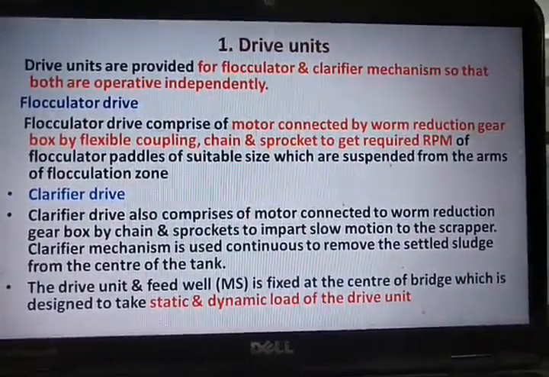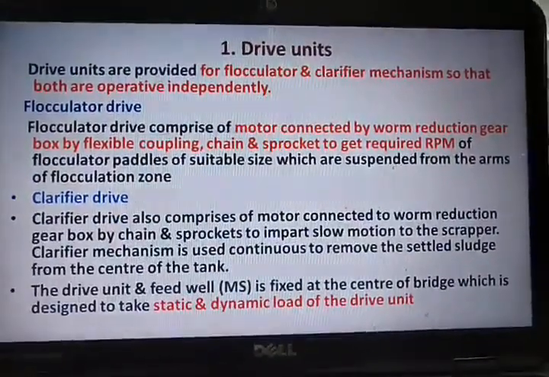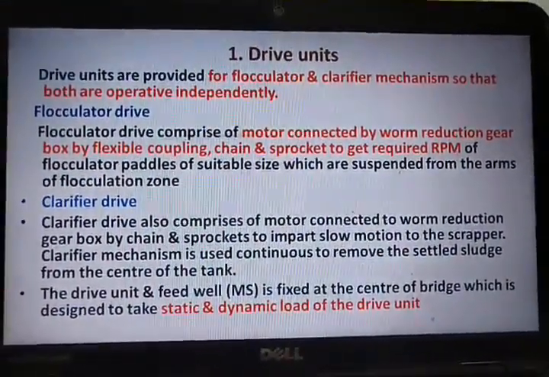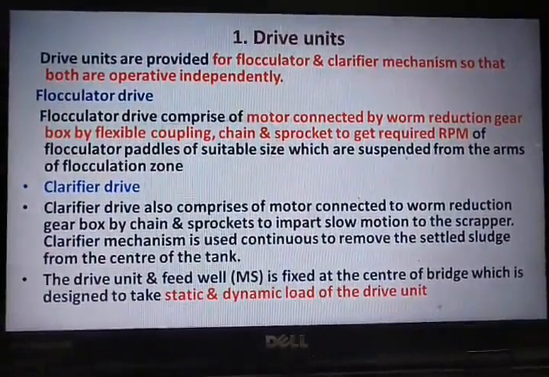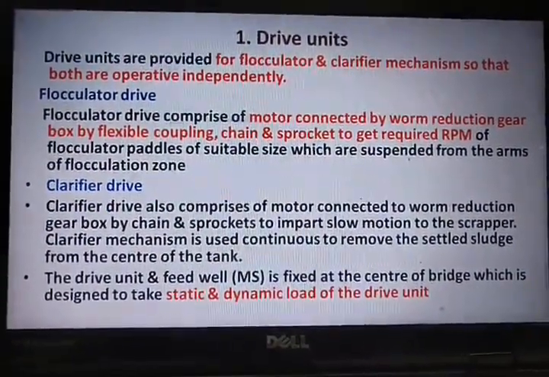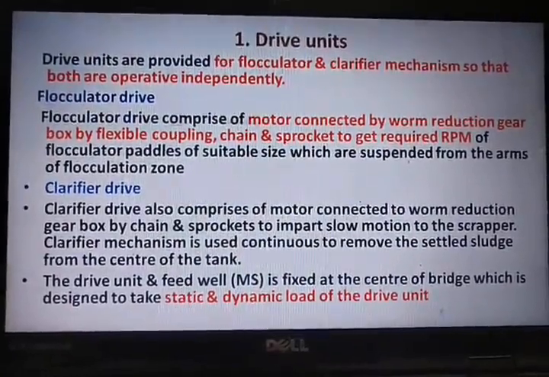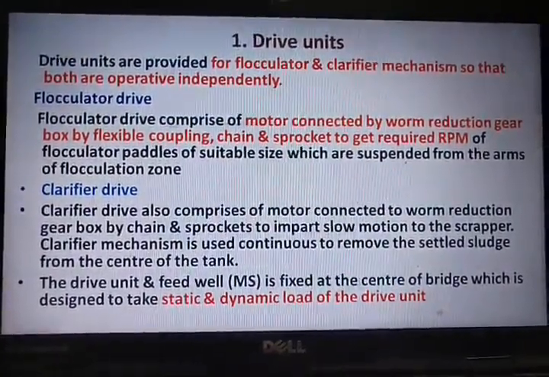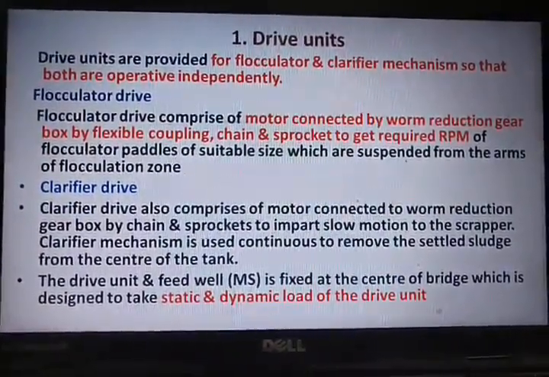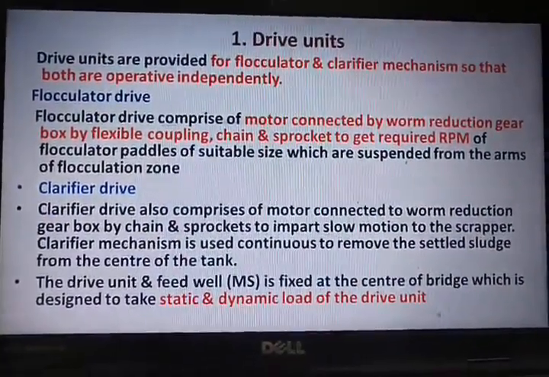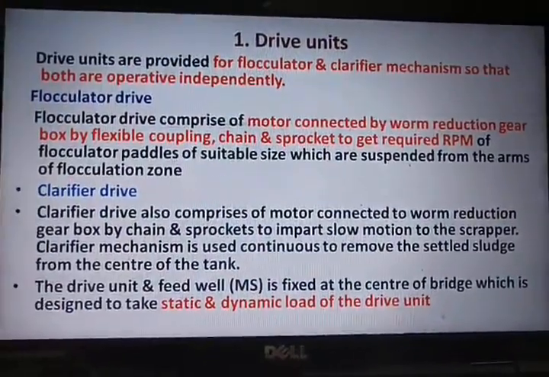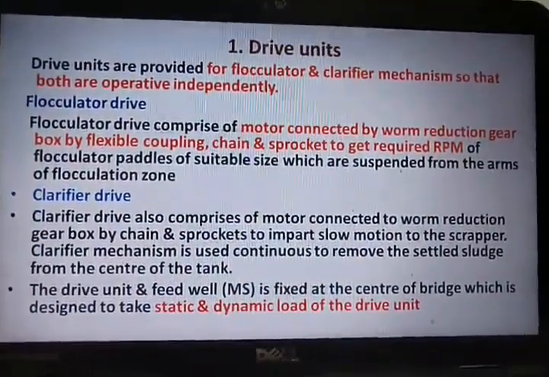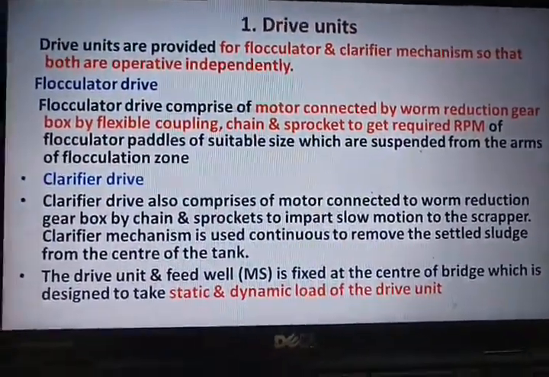So here you have two different drive units: one for the flocculator drive, for the inner tank of circular cross section, and another for the clarification drive. The clarifier drive consists of the scraper blades or mechanism, which continuously rotate at designated RPMs, so that it can collect the sludge in the sludge pit at the bottom in the center.